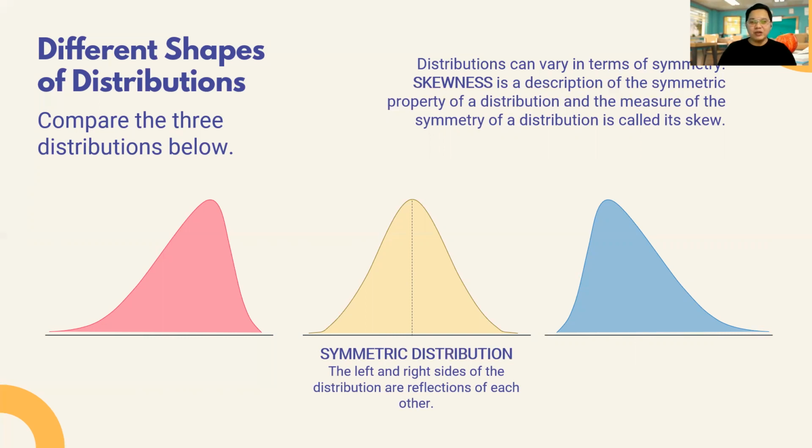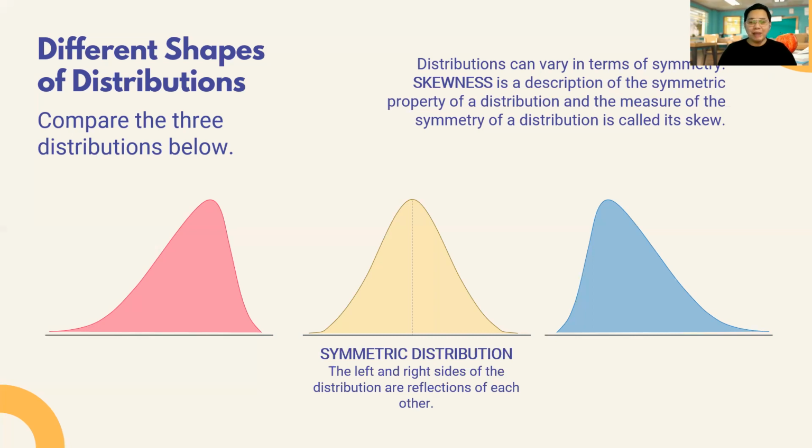Now let's take a look at the middle distribution. The middle density curve is what we call a symmetric distribution. And I hope that that's quite obvious because when we divide the distribution right in the very middle, we see that the left side and the right side of the distribution are going to be reflections of each other.